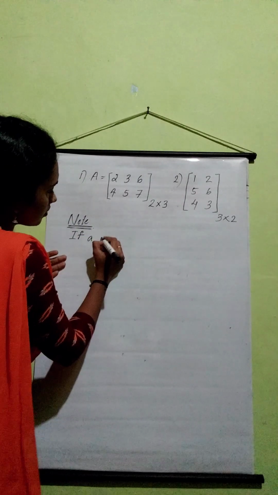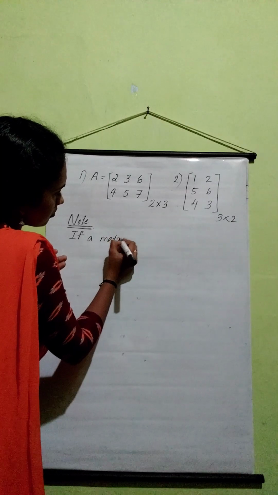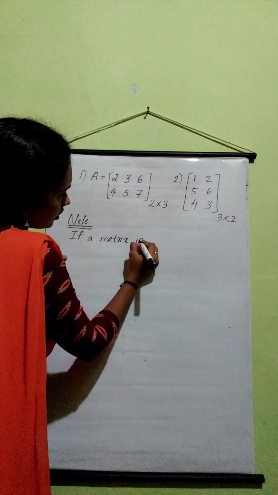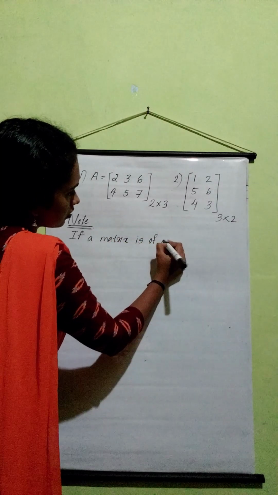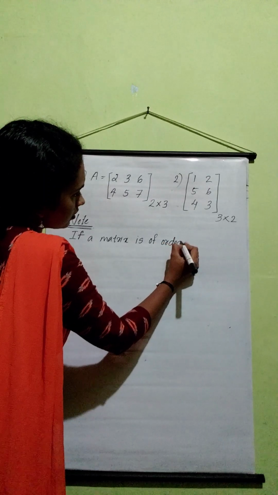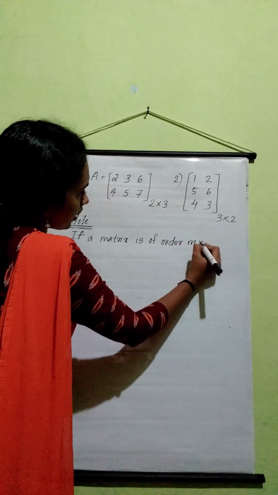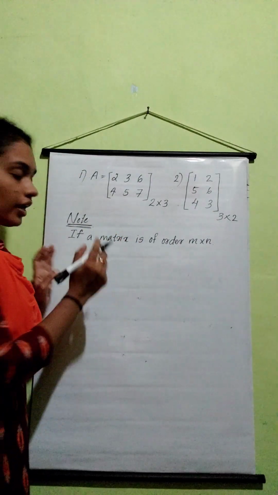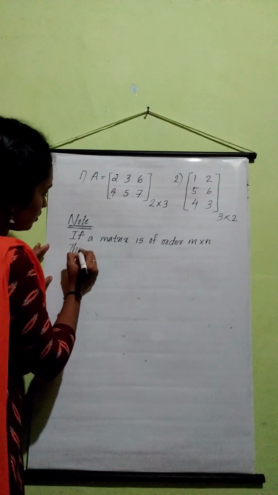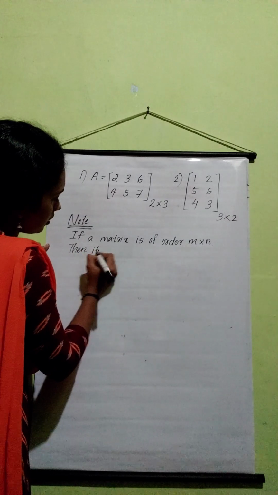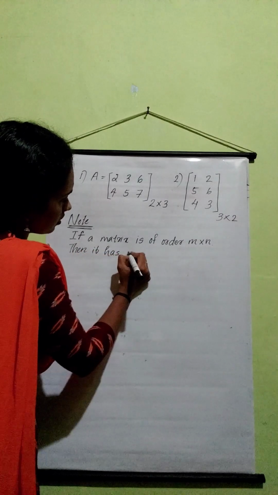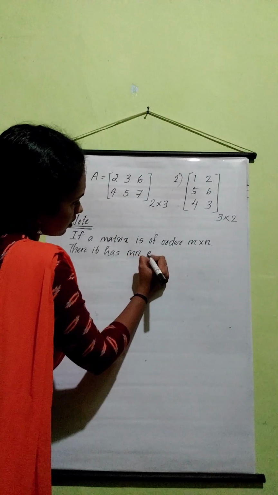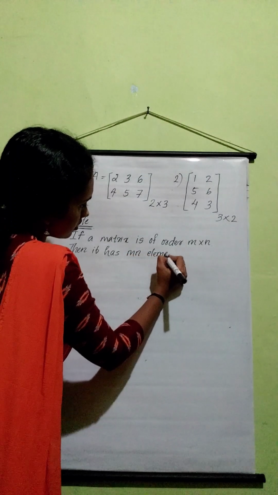If a matrix is of order m by n, then it has mn elements.